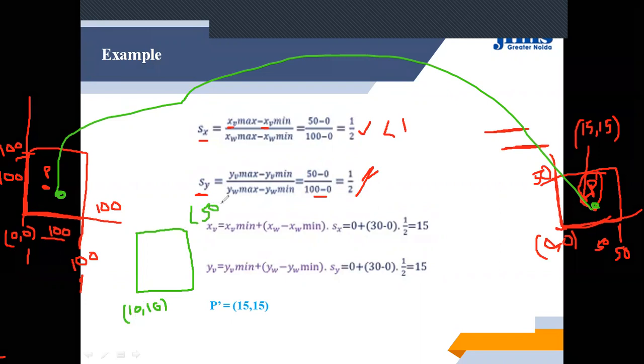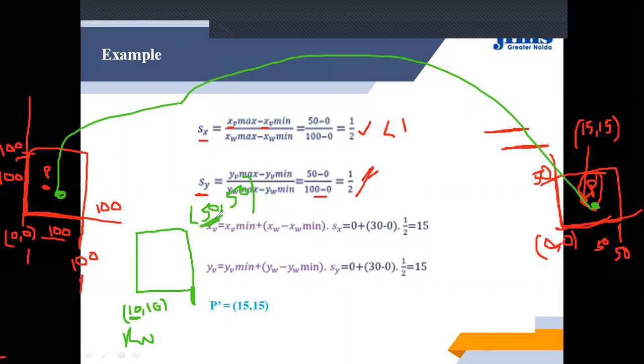So in this case also, first of all we have to find out the value of XW min. In this case you can see that this is 10, and we have to find out the value of XW max. So here XW max is 50.